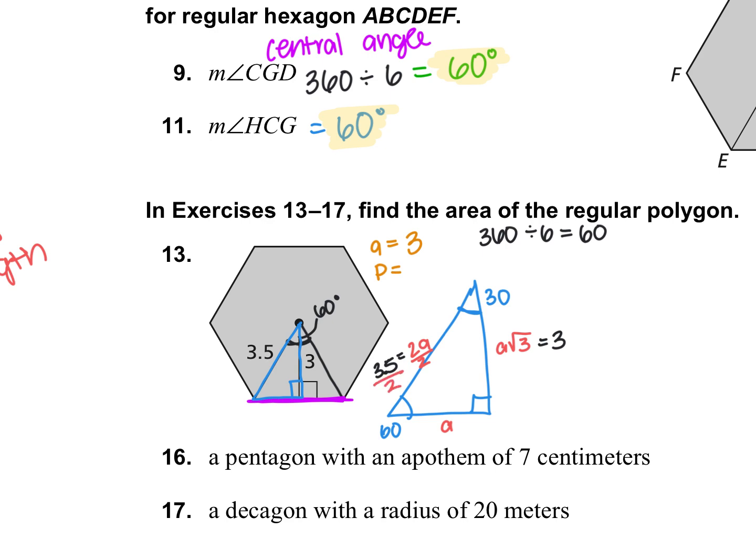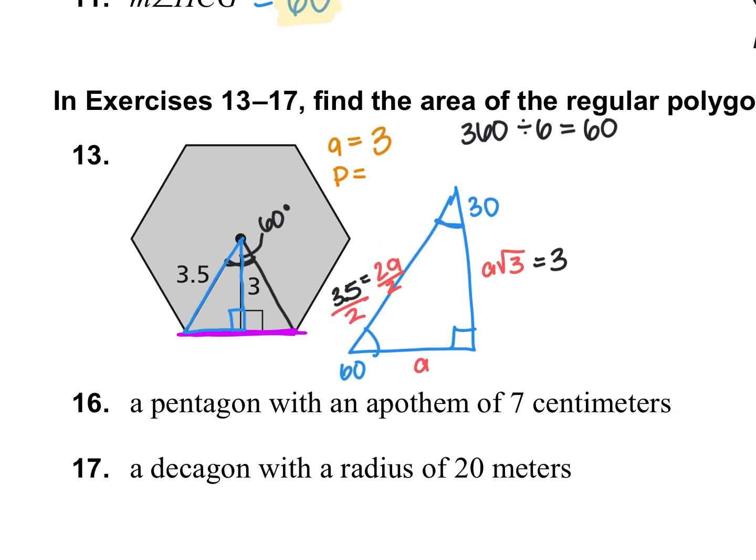Okay, 3.5 divided by 2. That's how I'm solving for A. If you have your calculators, do 3.5 divided by 2, and what would you get? 1.75. Good, A equals 1.75. So this side's going to equal 1.75. This side's also going to equal 1.75. What would the entire side equal?